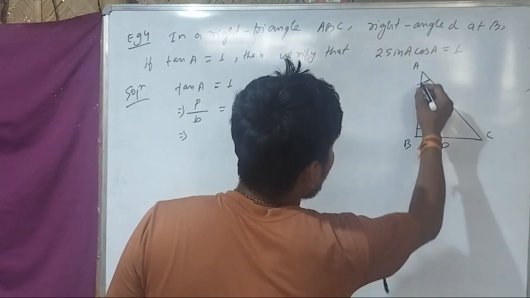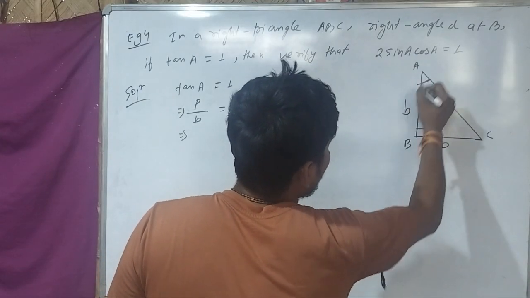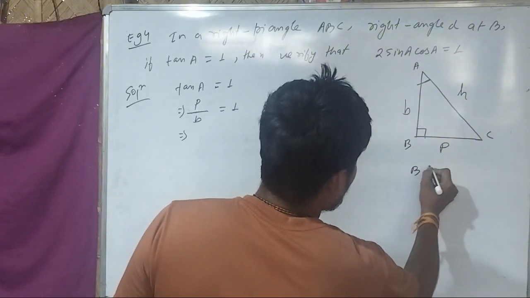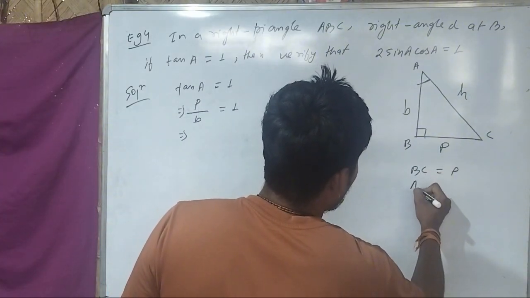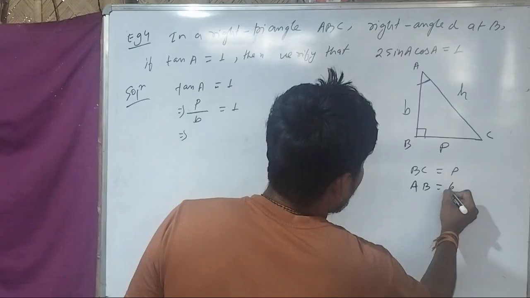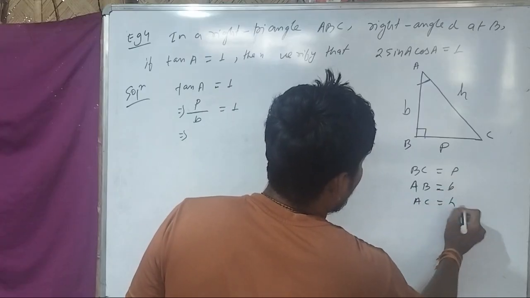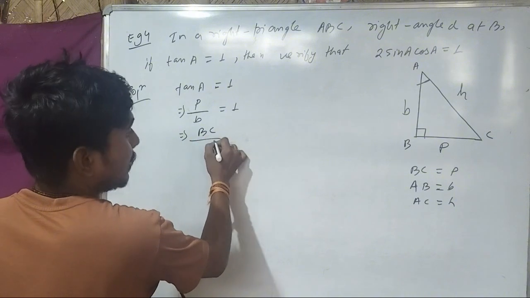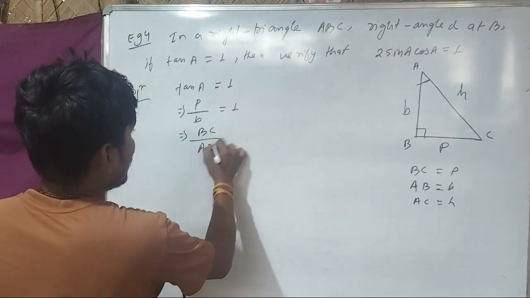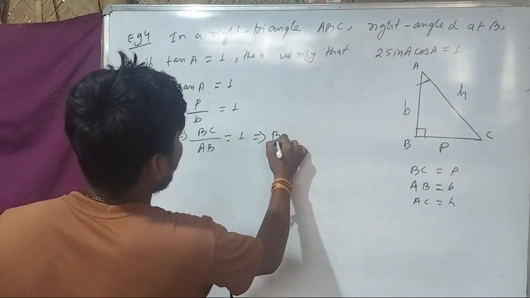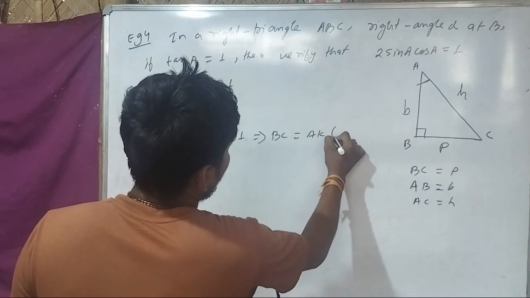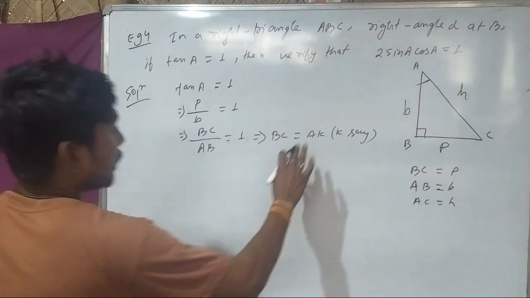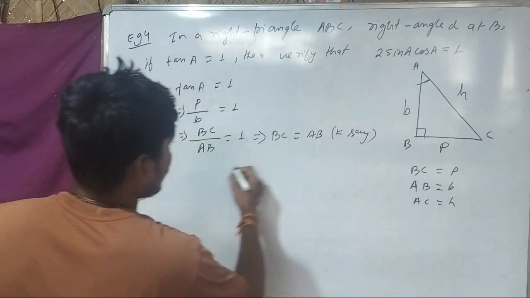BC is the perpendicular, AB is the base and AC is the hypotenuse. Now perpendicular BC and base AB equal to 1. From here we can say BC equal to AB, let's say.